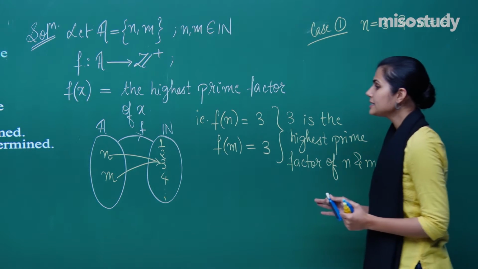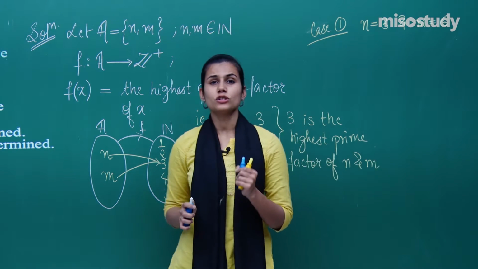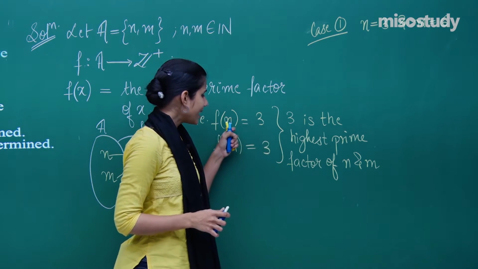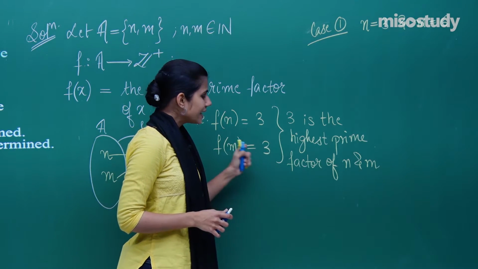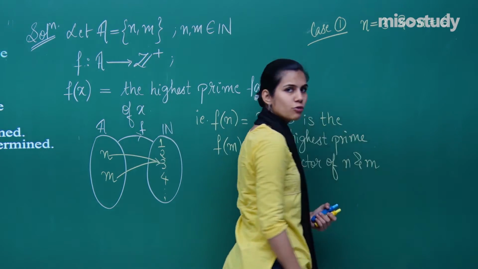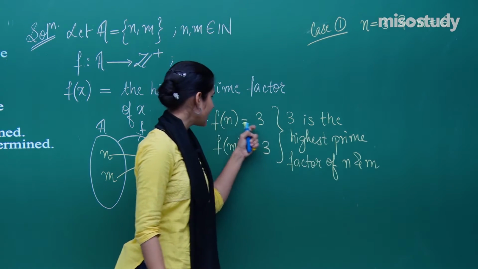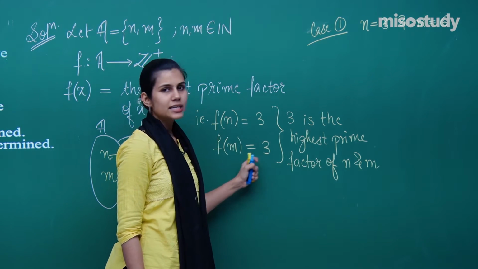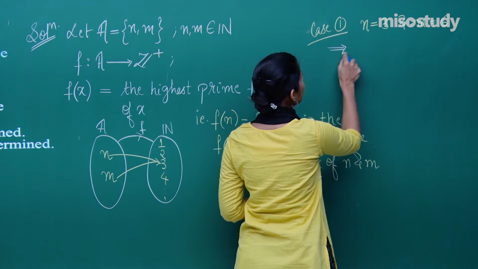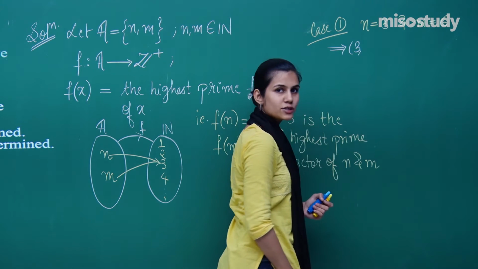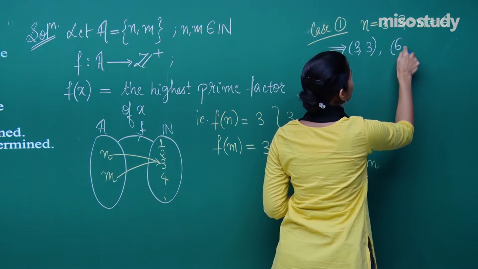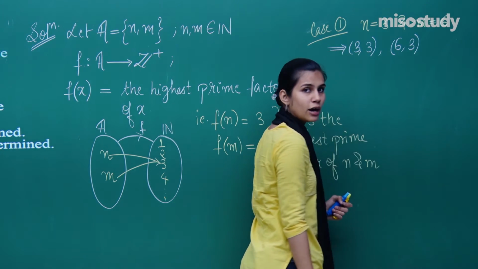So could you guys find out what are those possible values of n and m for which 3 is the highest prime factor of n also and highest prime factor of m also? Well, if I take n equals 3 and m equals 6, then definitely 3 is the highest prime factor of 3 and 3 is the highest prime factor of 6, which implies in this case 3 in place of n and 3 which is the output, and 6 in place of m and 3 which is the output.